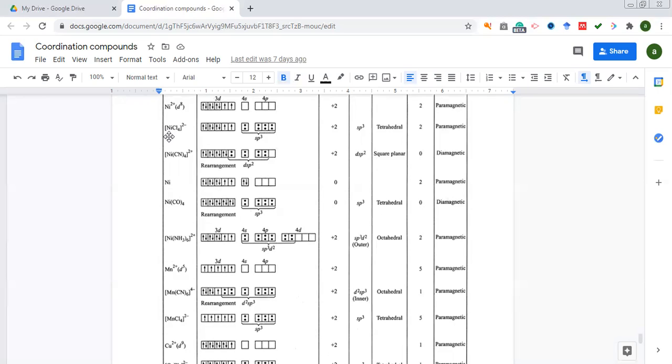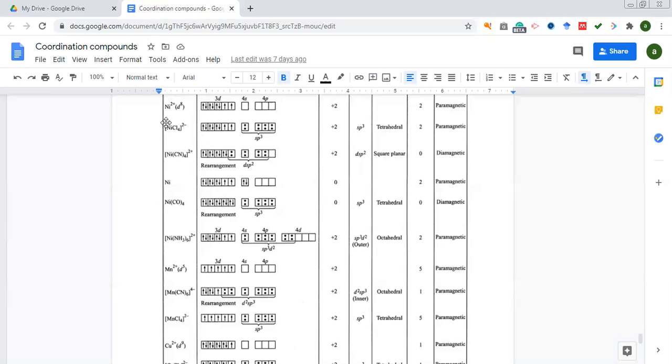In VBT also, without knowing the oxidation state, we cannot predict the actual geometry, shape or hybridization of complex compounds. So you should be good at calculating the oxidation state of the central metal atom.